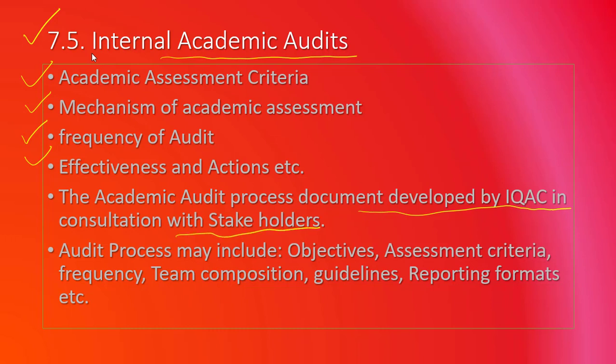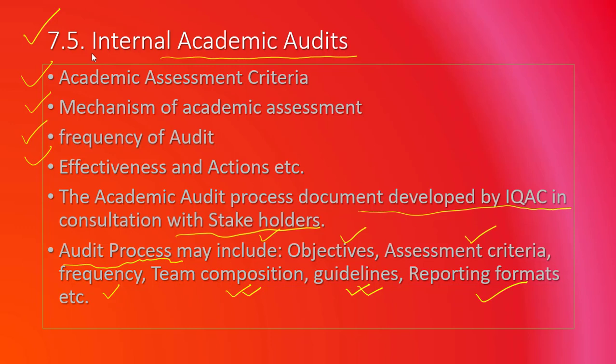The audit process may include objectives of the audit, assessment criteria, frequency of audit, which may be per semester or every 2 semesters, and team composition. If external stakeholders are included, then it is a good positive point. Then other guidelines should be there; written documented guidelines should be there for the audit team or audit process.